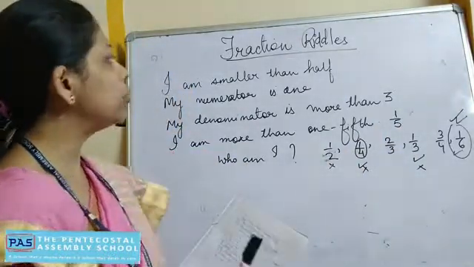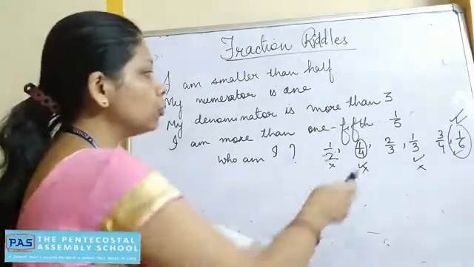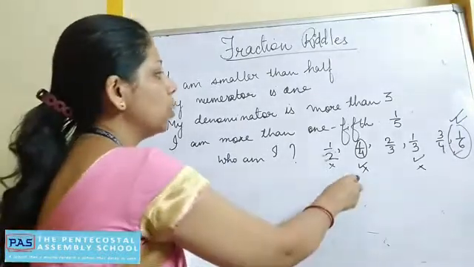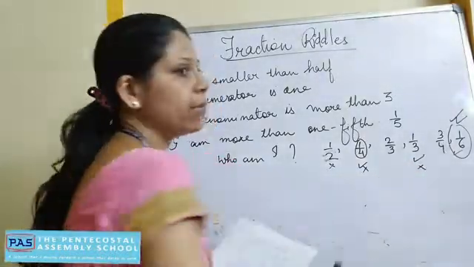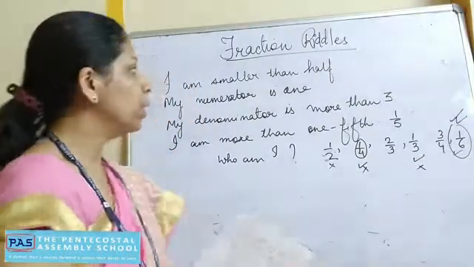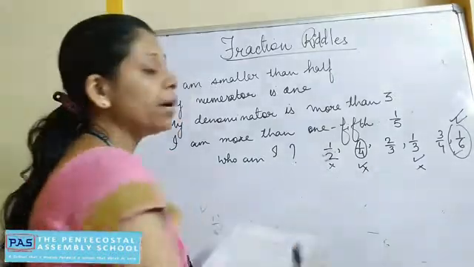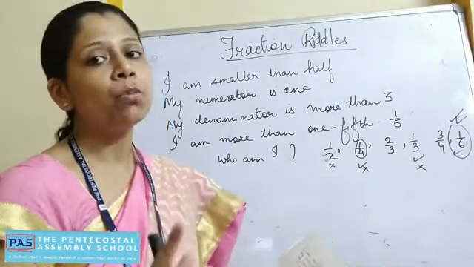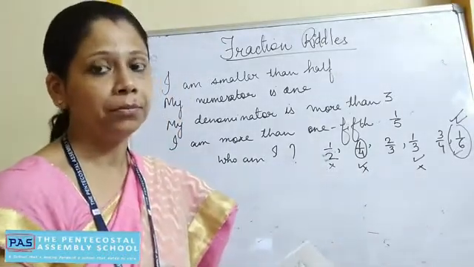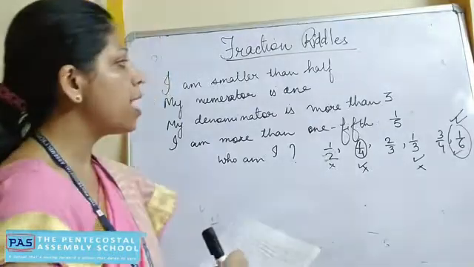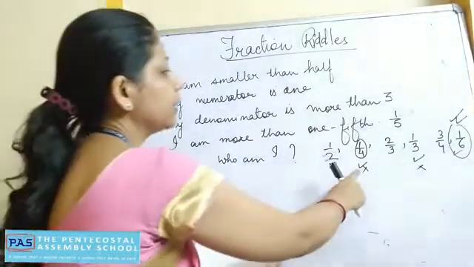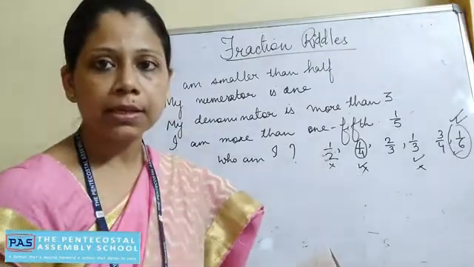Next is my numerator is 1. So out of these, whose numerators are 1? 1/4, 1/3 and 1/6. Yes or no? My denominator is more than 3. So it cannot be 1/3 because it has to be more than 3. The denominator which is down. And so the answer can be 1/4 or 1/6.